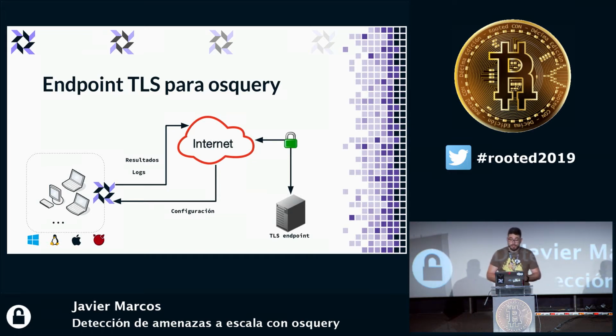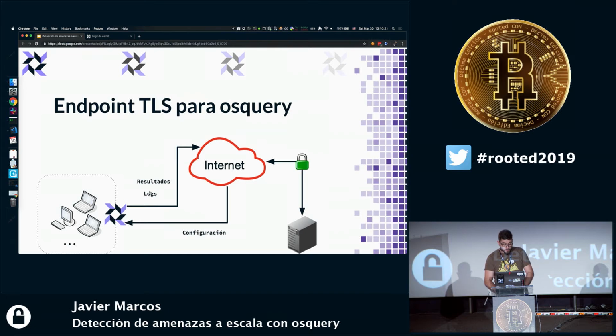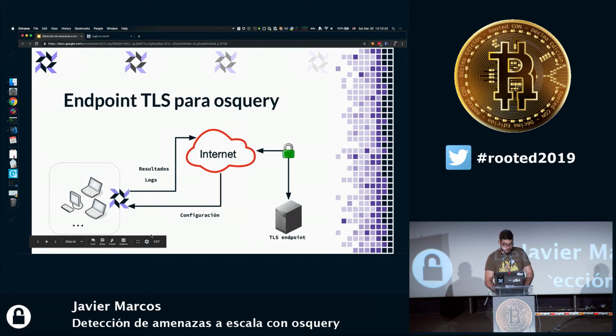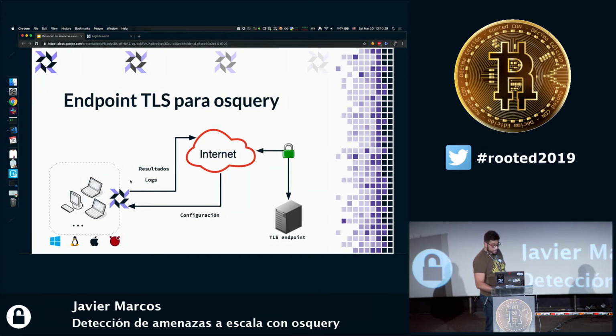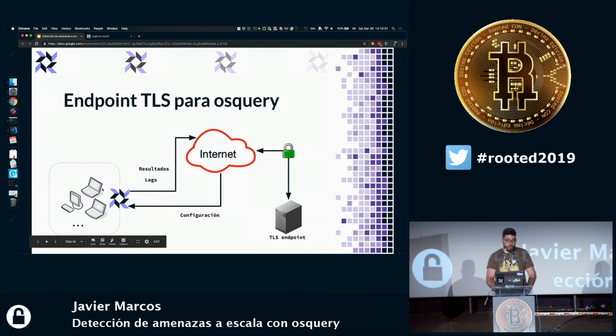What is the basic architecture scheme? It is as follows. You have a TLS endpoint connected to the internet. Okay, I'm going to show you using this. It's going to be easier. So you have all your nodes using osquery as clients. You want them to send results and logs.